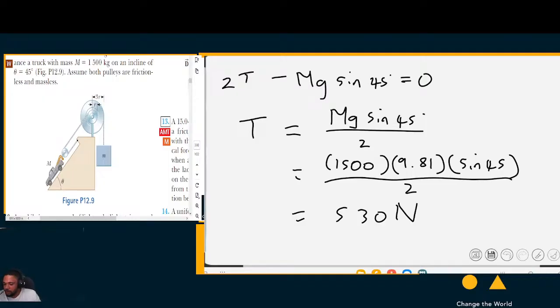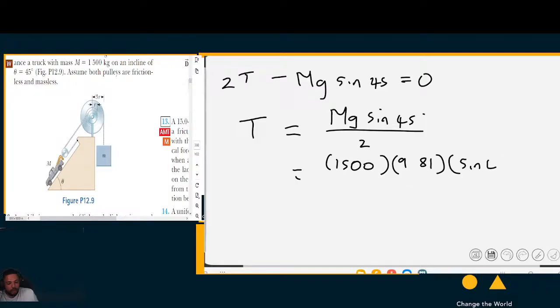Actually, not 530, it's 530 G. I did not multiply that in. I'll write it the way I did here, because I cancel G again later on: G times the sine of 45 degrees over 2.